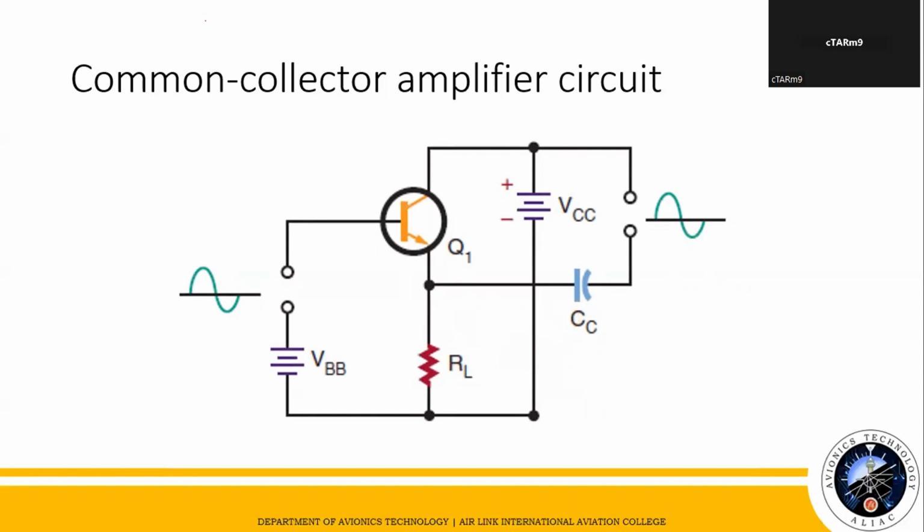The collector is common to both the input and output circuit. So this circuit is used as an impedance matching circuit.